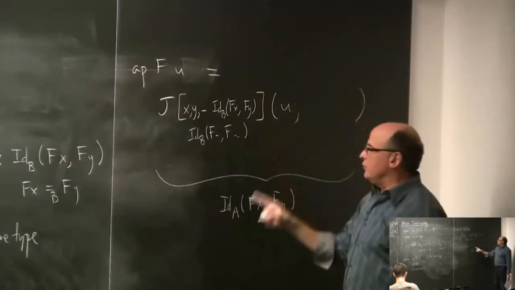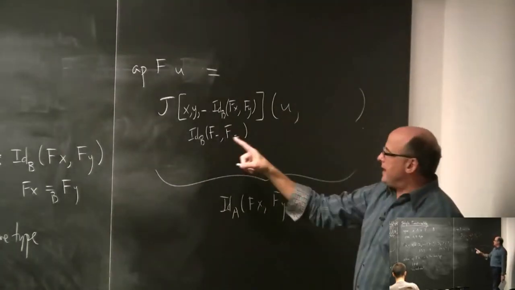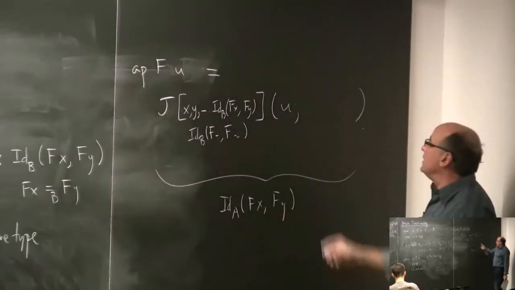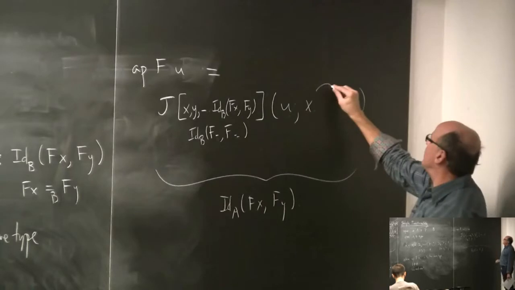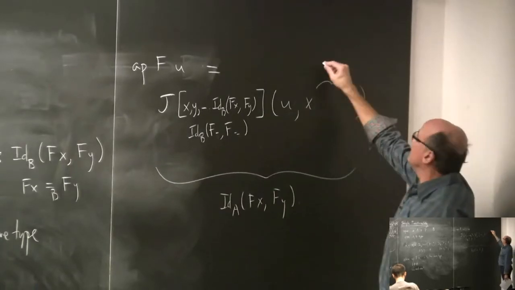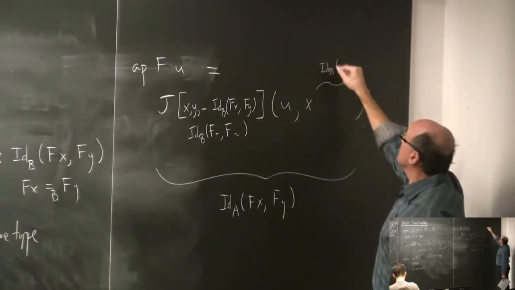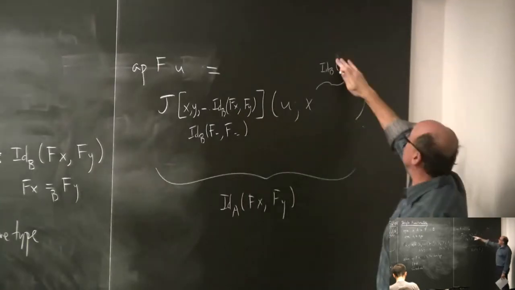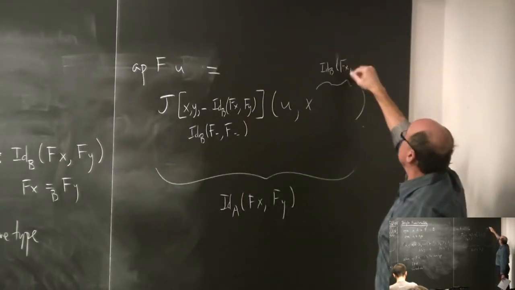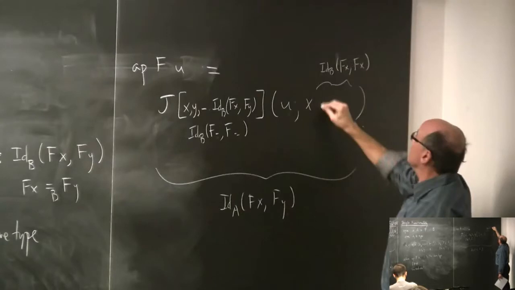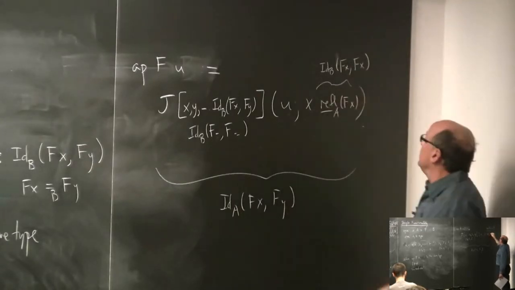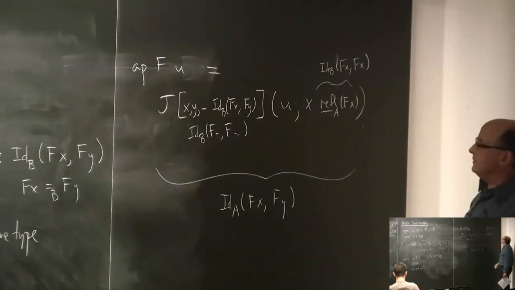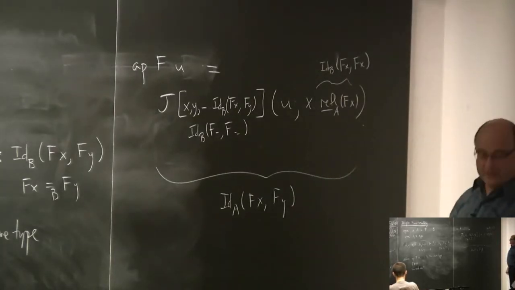Then I plug in the endpoints of u, which are x and y, into that blank, and I get what I want, provided that generically in x, I can give you something. What does its type have to be? If that's the motive, then its type has to be id_B (f x) (f x). And so it's going to be reflexivity again, our old friend reflexivity at f x, if I didn't make a mistake.